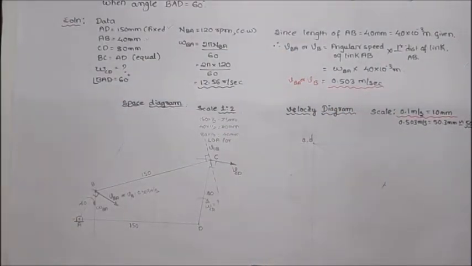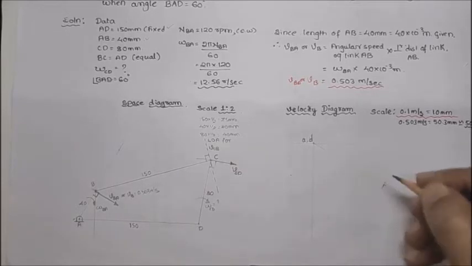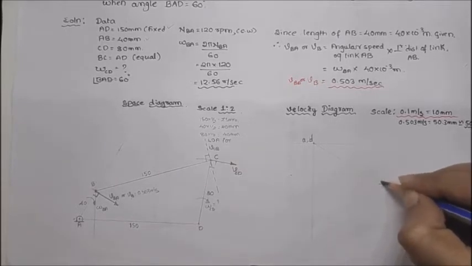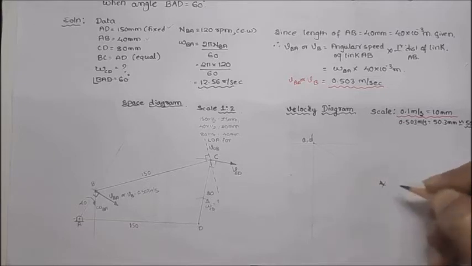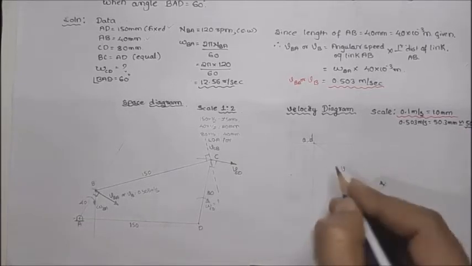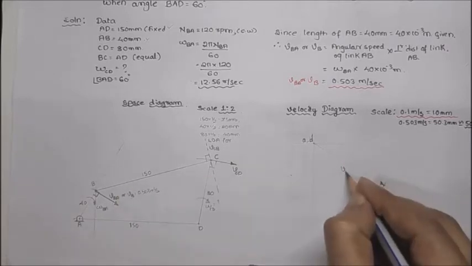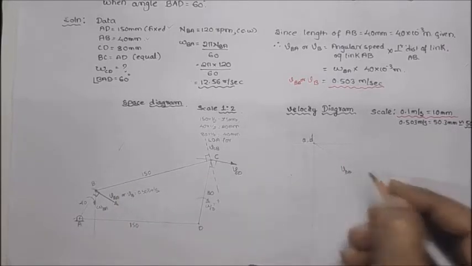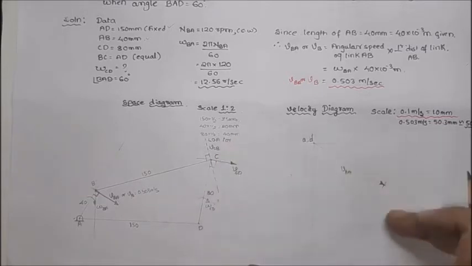So here I am getting this as a, and this will be my direction. So what is this? This is the velocity of B with respect to A. It will be in this direction.